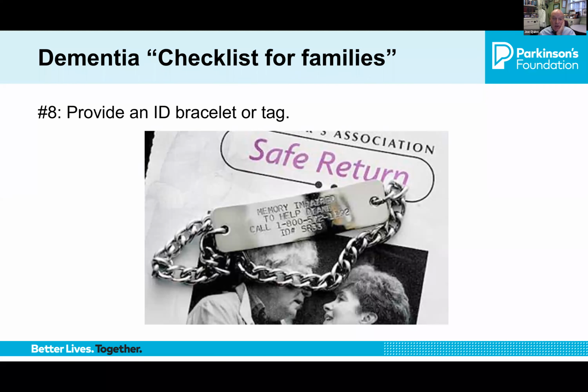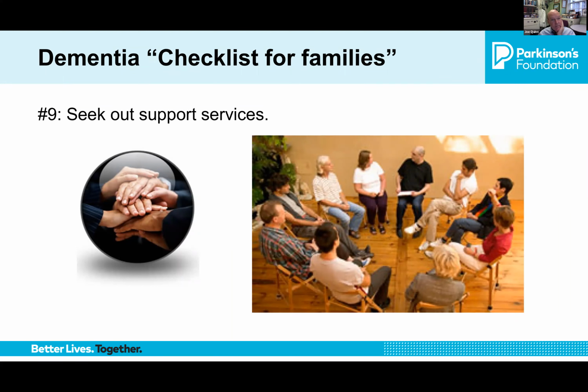This is a very simple item that can help to make sure that a difficult situation doesn't get a lot worse. The Alzheimer's Association has a program for this, but there's other regular medical alert bracelets that you can make up and have your cell phone put on there or that sort of thing. So that's a simple, practical piece of advice.